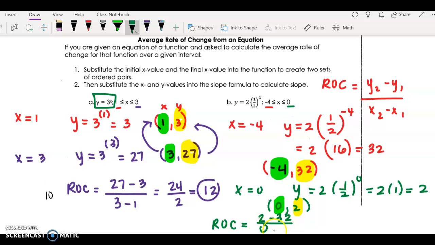So 0 minus negative 4. Be careful with your signs, that's double negative. So 2 minus 32 is negative 30. 0 plus 4 is 4. Negative 30 and 4 don't divide evenly, but we'll go ahead and simplify, dividing both the numerator and denominator by 2 to give us negative 15 halves.